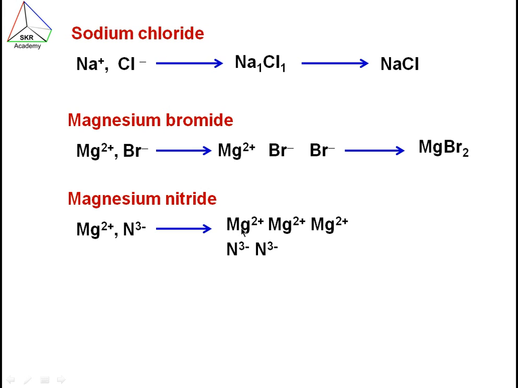If we take 3 magnesium, the total positive charge will be 6 plus, and if we take 2 nitride ions, the total negative charge will be minus 6. Then we can cancel their charges, and when we summarize, we write Mg3N2, magnesium 3 and nitride 2. So Mg3N2 is the ionic formula for magnesium nitride.